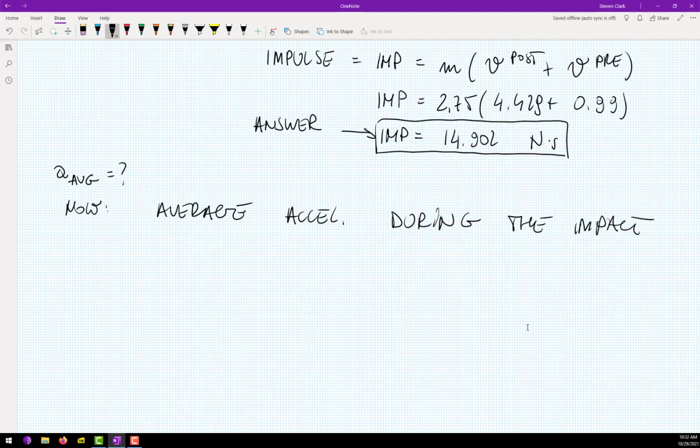So what was that definition of average acceleration? I just have some notes I wrote to myself yesterday.